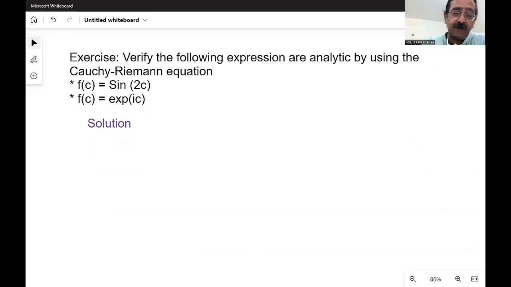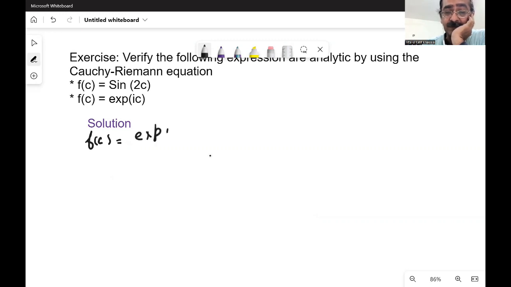Now we'll perform the second exercise, that is f(z) is exponential of iz.